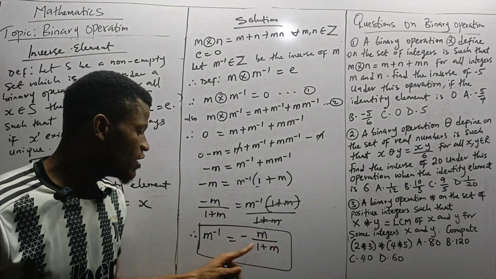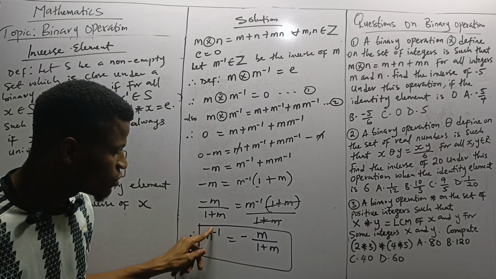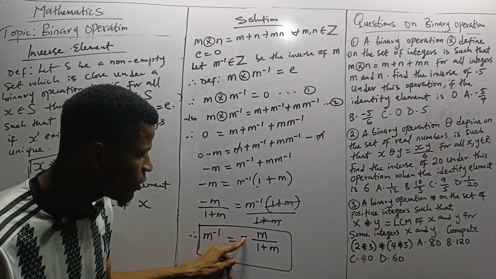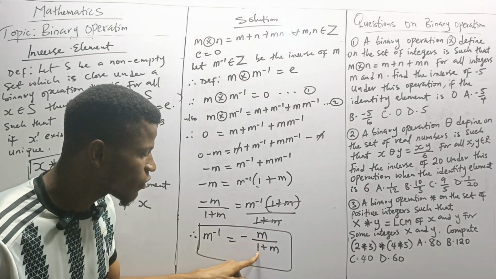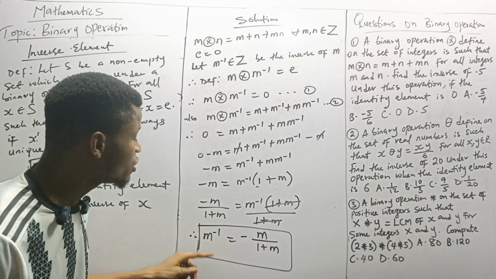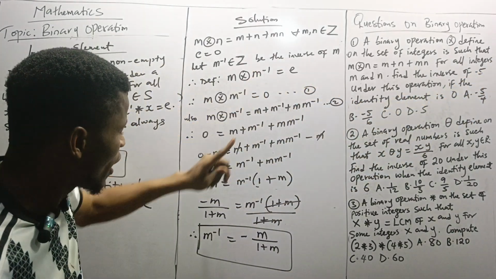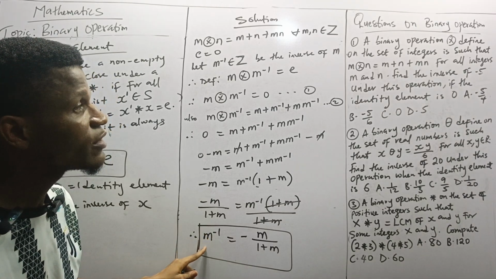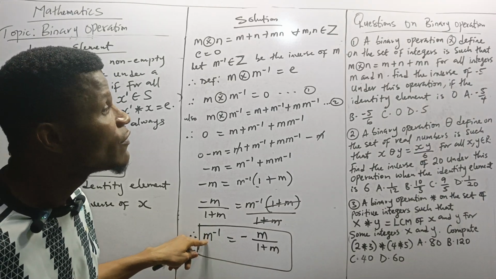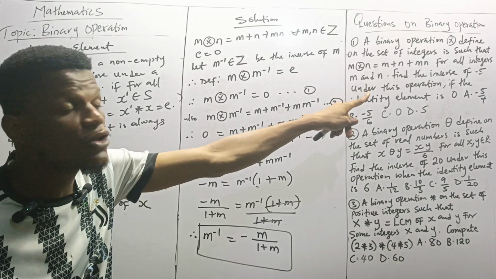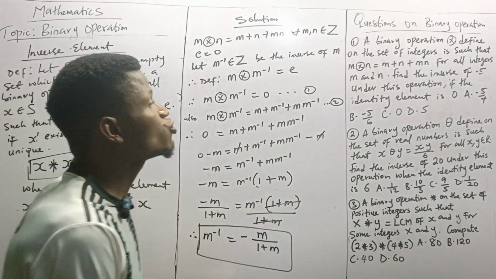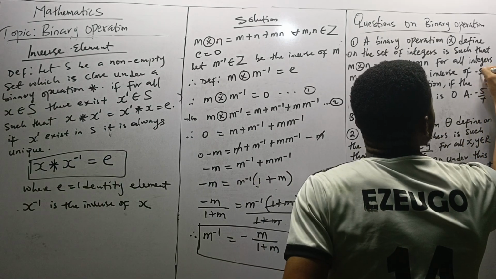So the inverse of any element should be minus that element over 1 plus that element. Here, we are asked to find the inverse of minus 5. So the element we are looking for at this moment is negative 5. We are going to substitute M with negative 5.